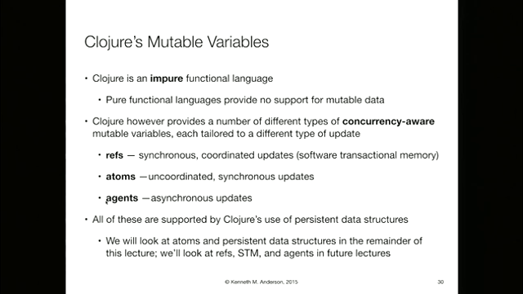So what we're going to do is define the semantics about how that change is going to happen. In other languages, we just let it happen, and it doesn't matter if we're in multi-threaded mode or single-threaded mode, we just mutate it. In Clojure, we say, if something's going to change over time, tell me how it changes over time. The three different types of mutable variables are refs, atoms, and agents.